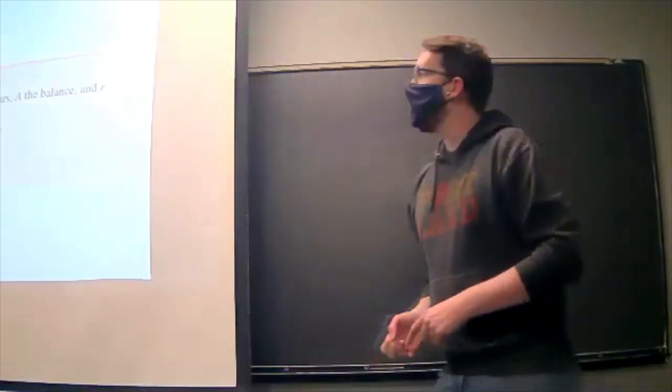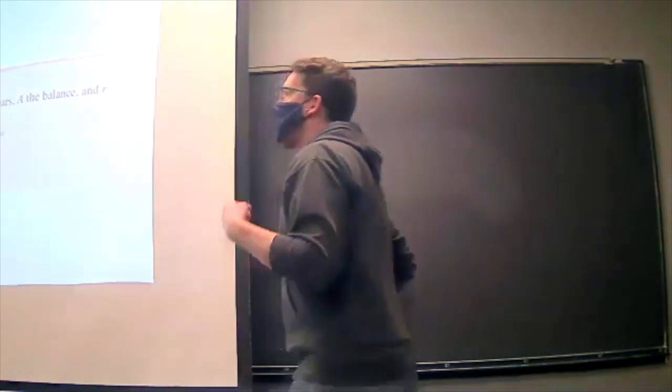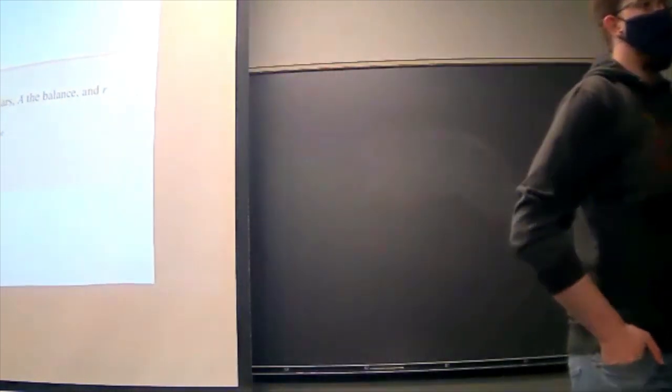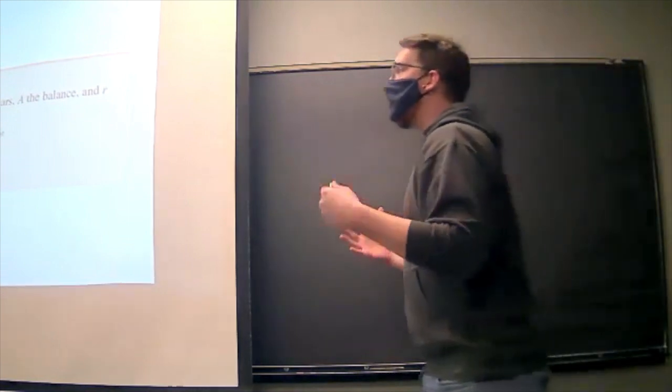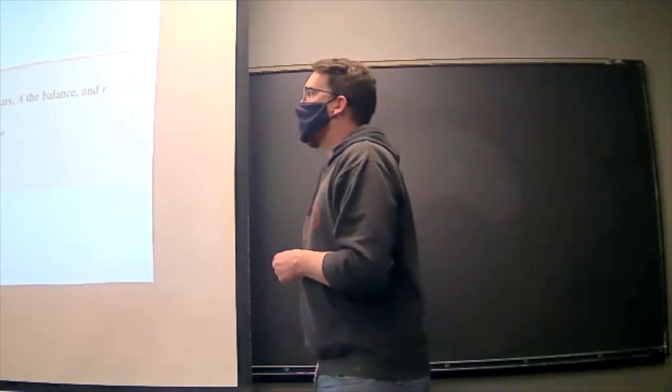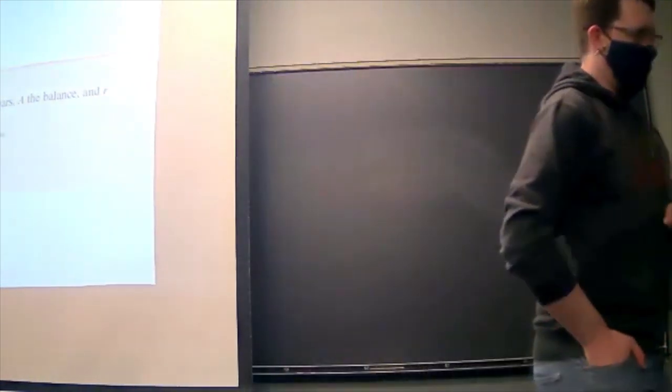P is going to be the initial amount of a loan or a deposit. R is going to be the rate of interest, and N is going to be the number of times per year that lump sum of money incurs some amount of interest. This is, again, the formula for compounding interest n times a year.